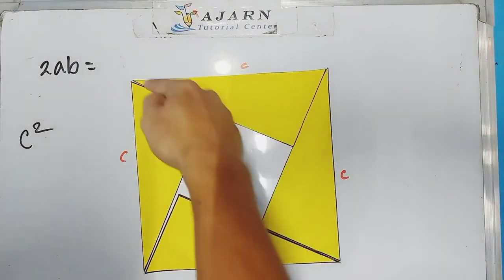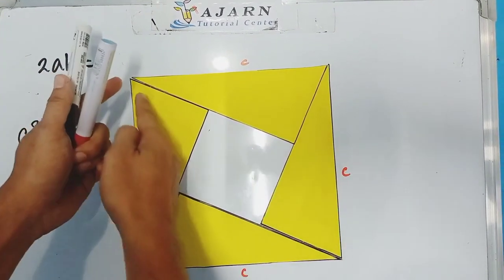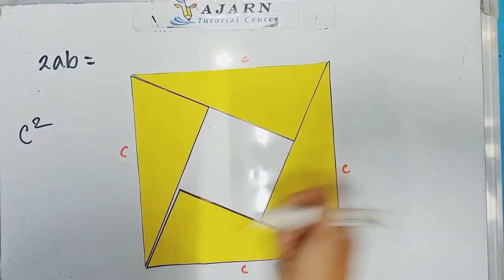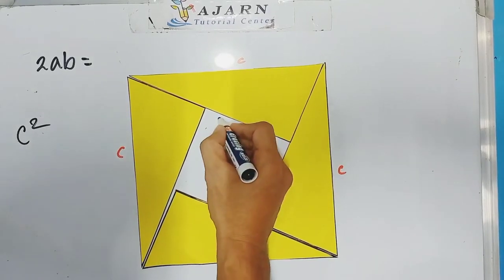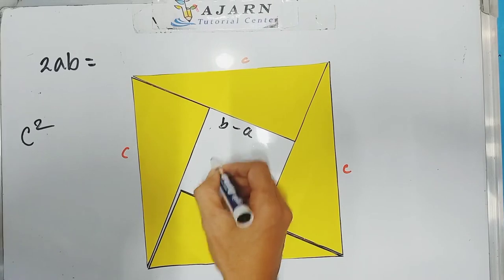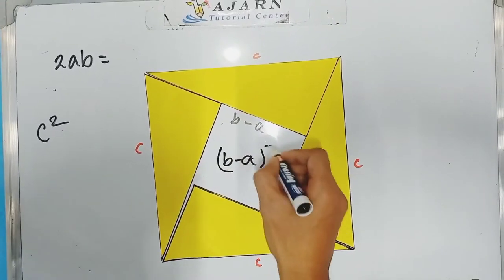Now if you look at it, this side here is B, this is the base, and this is the altitude. So the side of this square hole is B minus A. So the area of it is (B minus A) squared.